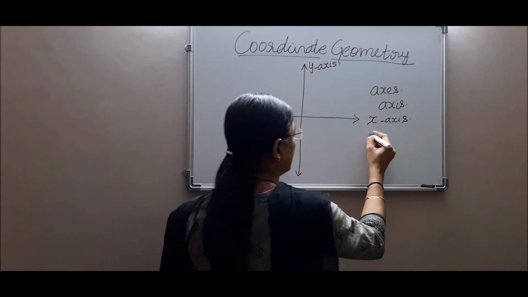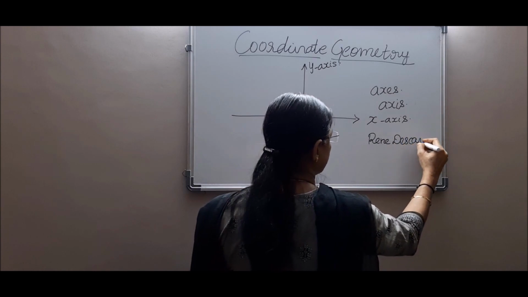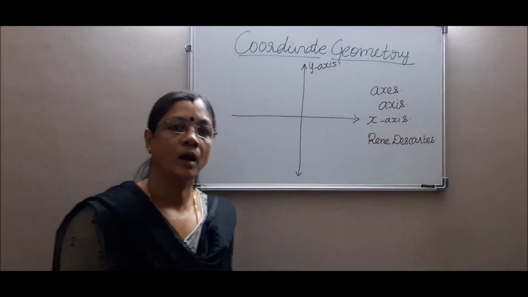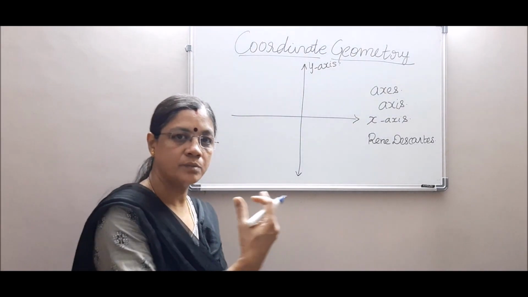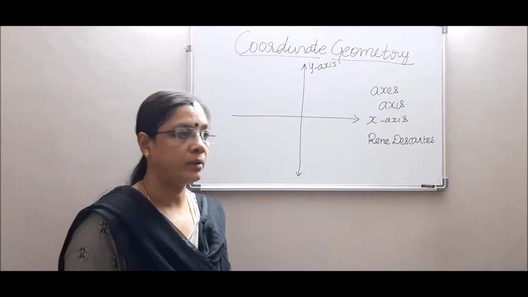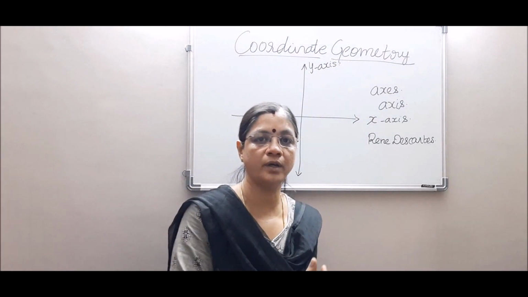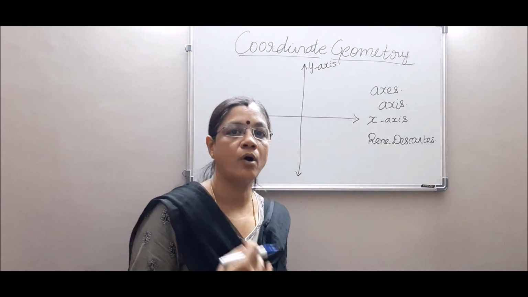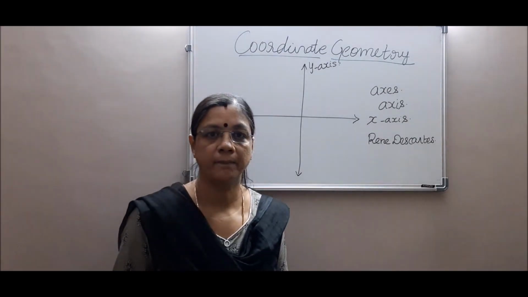Actually, this method was developed by René Descartes. He used this method to solve problems in geometry. By means of geometry, he solved problems. He wanted to mark points or locate points in space.